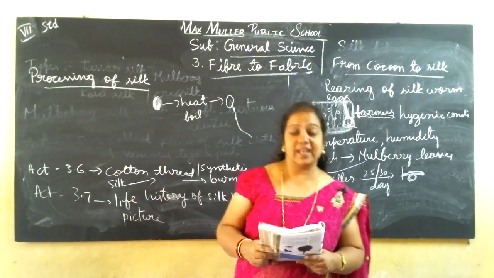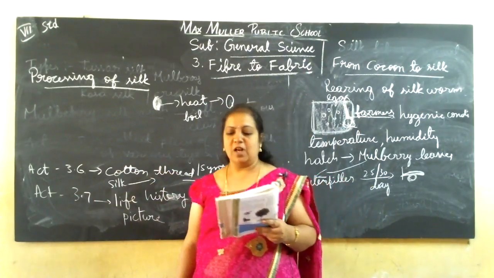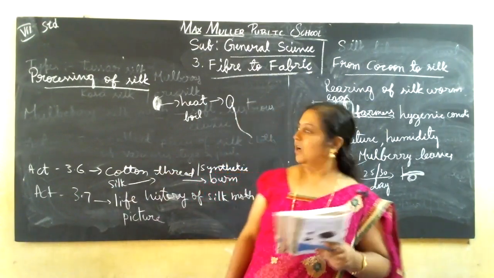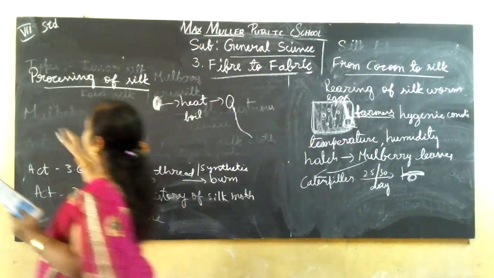The process of taking out the threads from the cocoon for use as silk is called reeling of silk. Okay, what do you mean by reeling of silk?